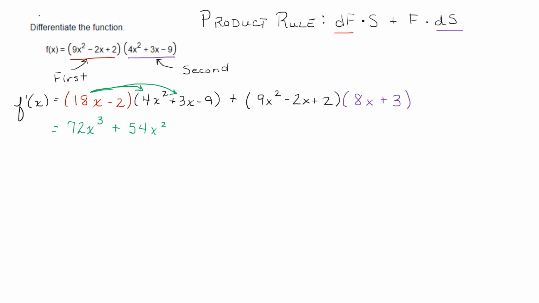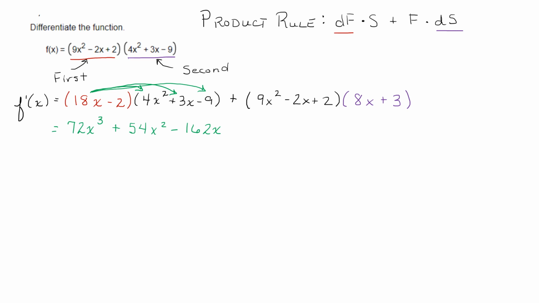And then 18x times negative 9 gives me a negative 162x.